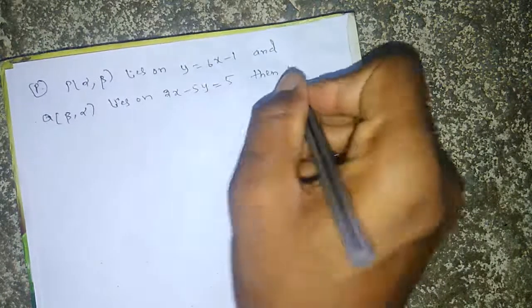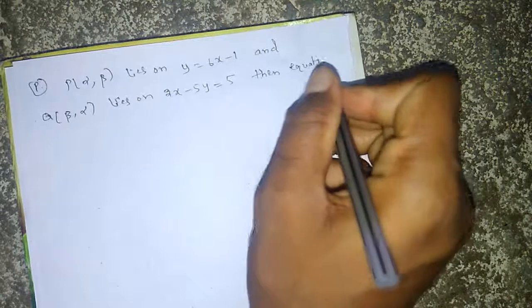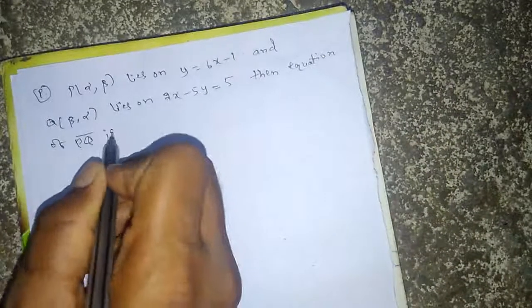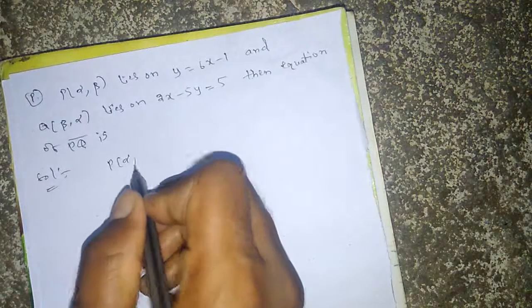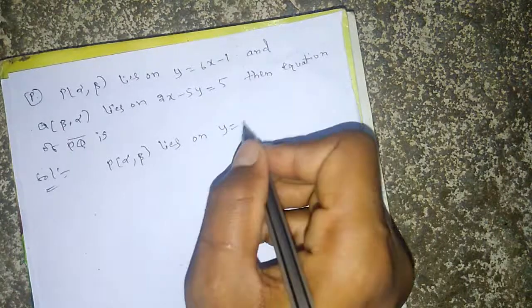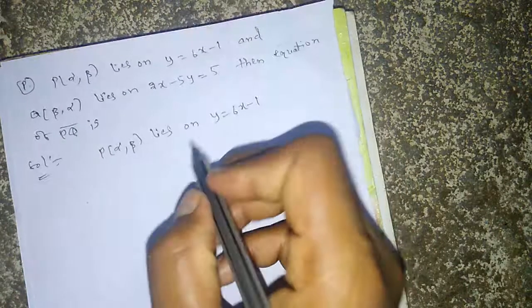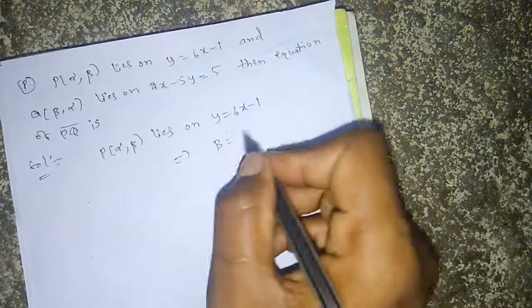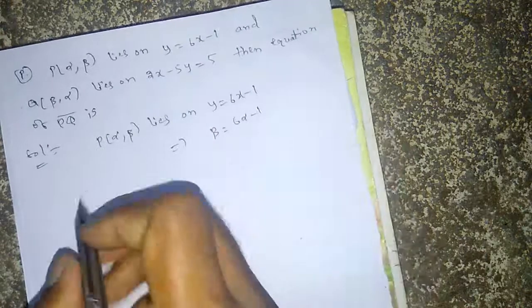Then the equation of PQ is. P lies on y is equal to 6x minus 1 implies beta is equal to 6 alpha minus 1.